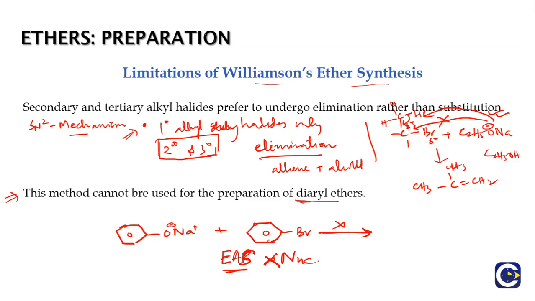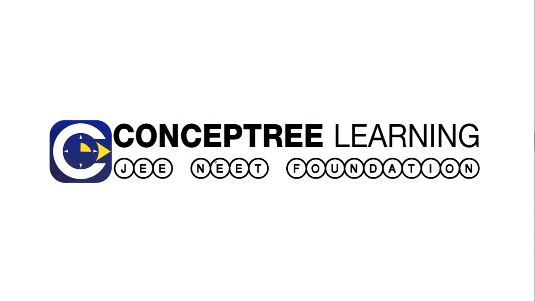But the formation of diaryl ethers is not possible by this particular method. So this was the Williamson's ether synthesis. In the upcoming videos, we will be discussing other methods of preparation of ethers.